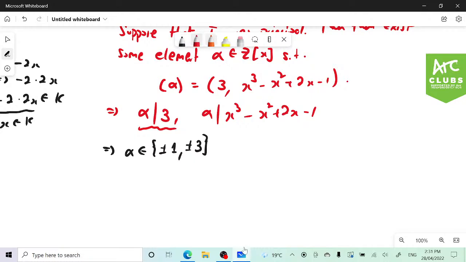So let's have a look at each one of these when alpha divides this polynomial. If alpha is either minus 3 or 3, then alpha doesn't divide this polynomial.